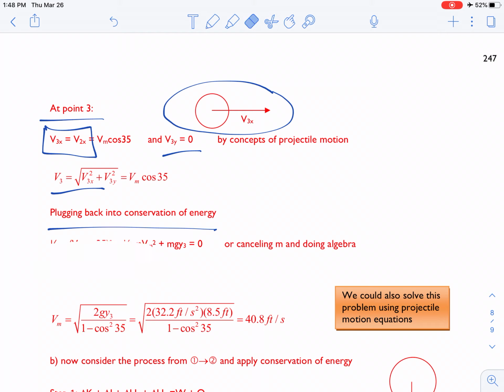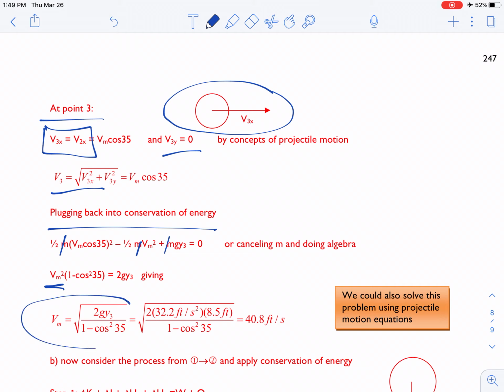I'm going to get rid of this so it doesn't block my equation. You can see that the only unknown is this Vm, and simply leave Vm alone and put everything else on the other side. After doing some factoring out, I would already get rid of those masses, and they're gone on the second line.